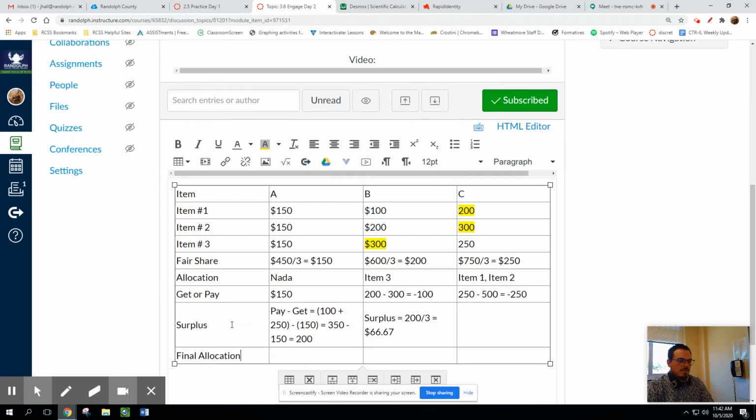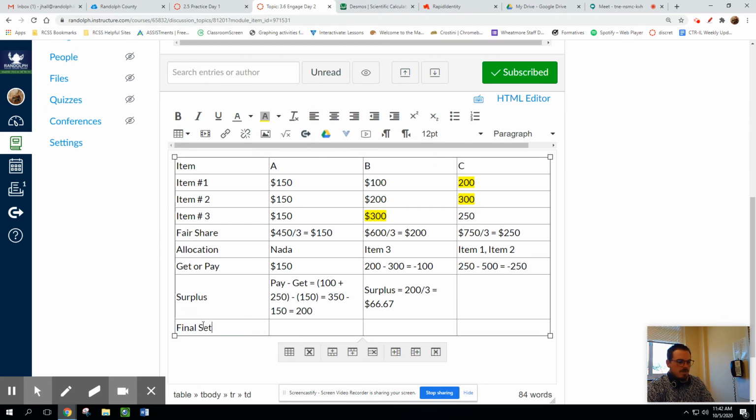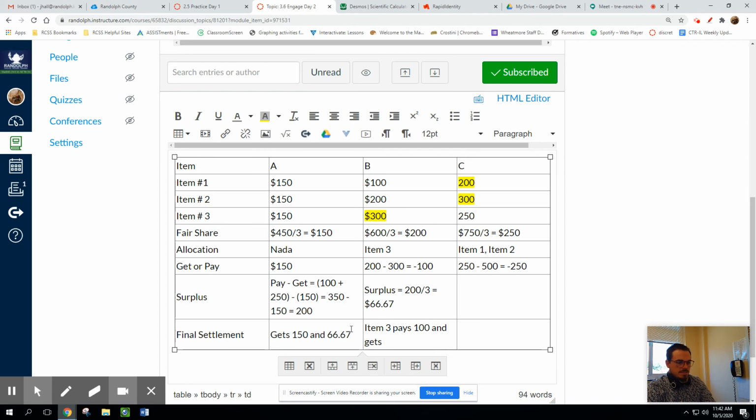The final settlement. Here, I'll re-say it. Final settlement. Player A gets $150 and $66.67. Player B gets item 3, pays 200, excuse me, 100, and gets $66.67.